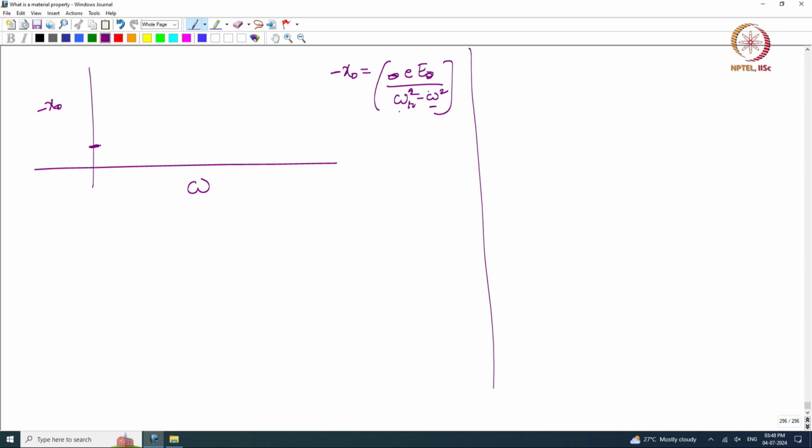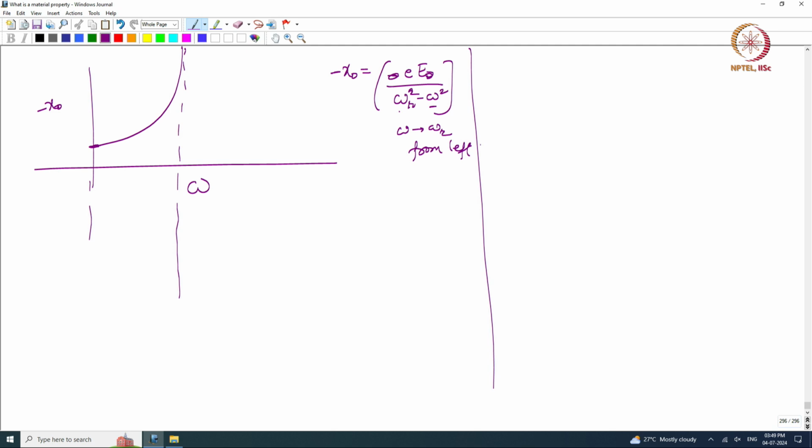So, what happens at omega equal to 0, minus x naught will start at some quantity, and then as omega approaches omega r, from the left side, right, this is a positive quantity, but it keeps increasing in magnitude and it just goes to infinity. Okay.